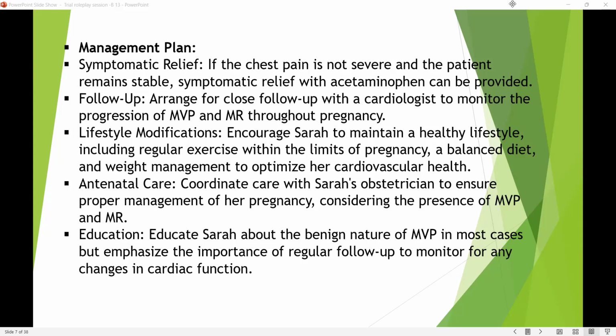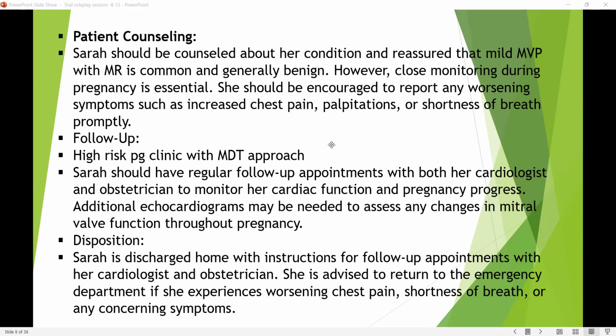Also, because you are 20 weeks pregnant with that mitral valve prolapse, you can suggest from now on, I can refer you to the high risk pregnancy clinic, and they will manage you as a multidisciplinary team approach. But you should reassure your patient that it is usually a benign condition.